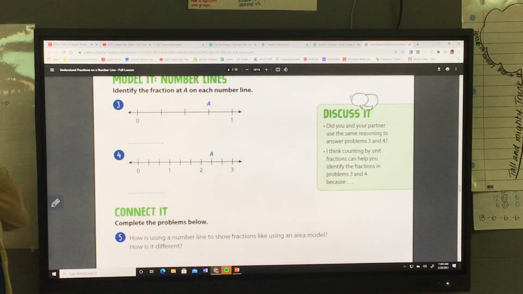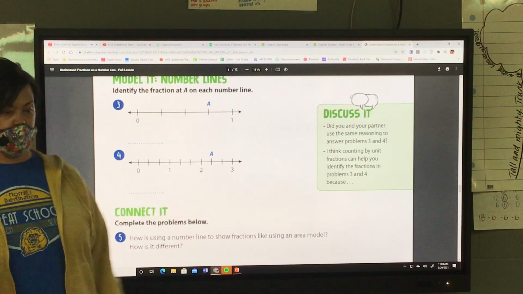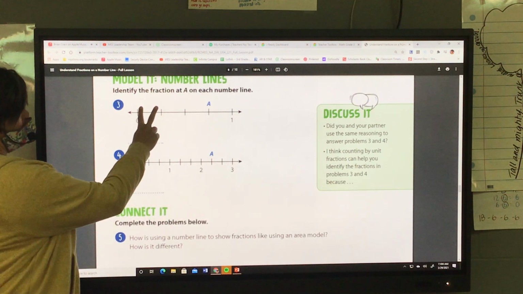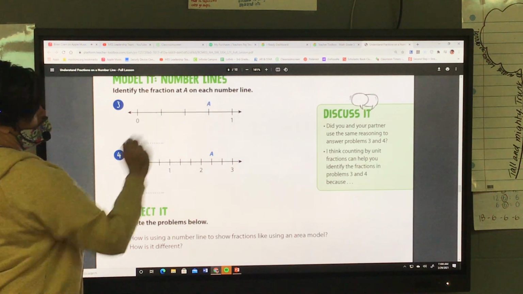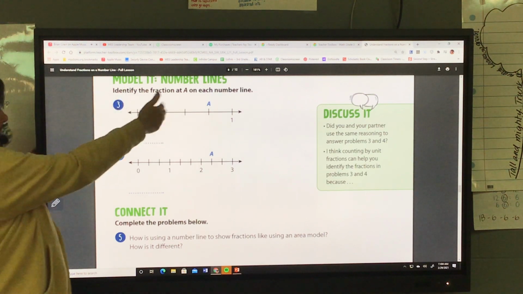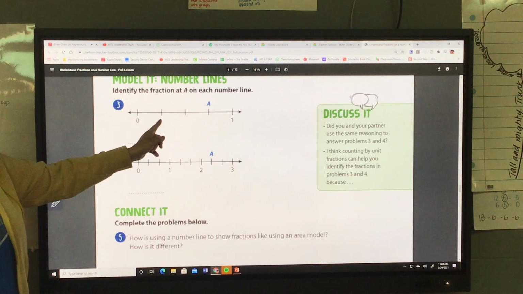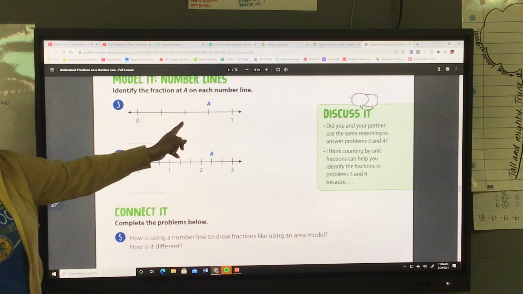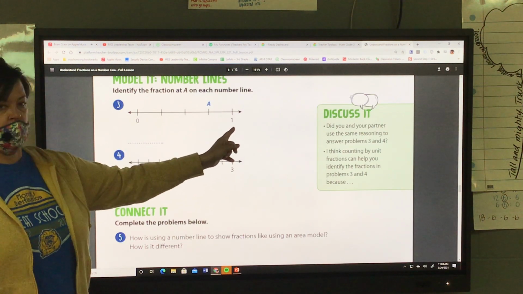So we have to decide how many equal parts there are from 0 to 1. So count with me. 1, 2, 3, 4. So if I were labeling each fraction on there, this would be 1/4, 2/4, 3/4, 4/4.